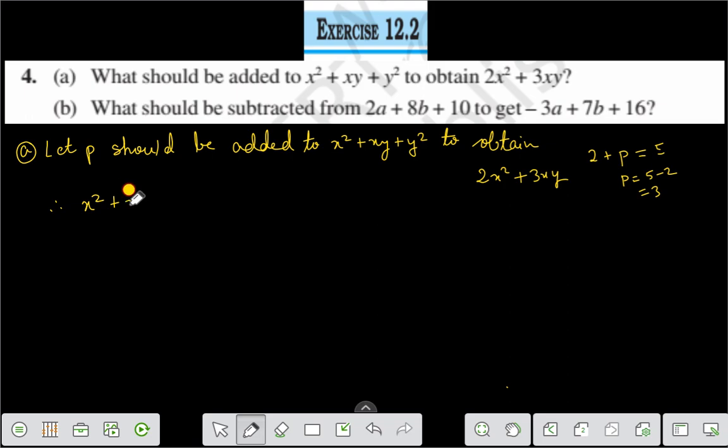plus xy plus y square plus p is equal to 2x square plus 3xy.